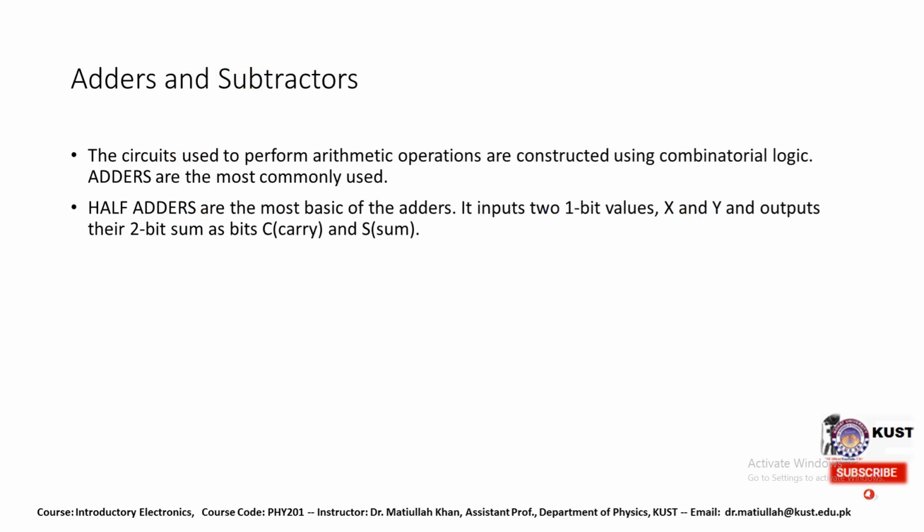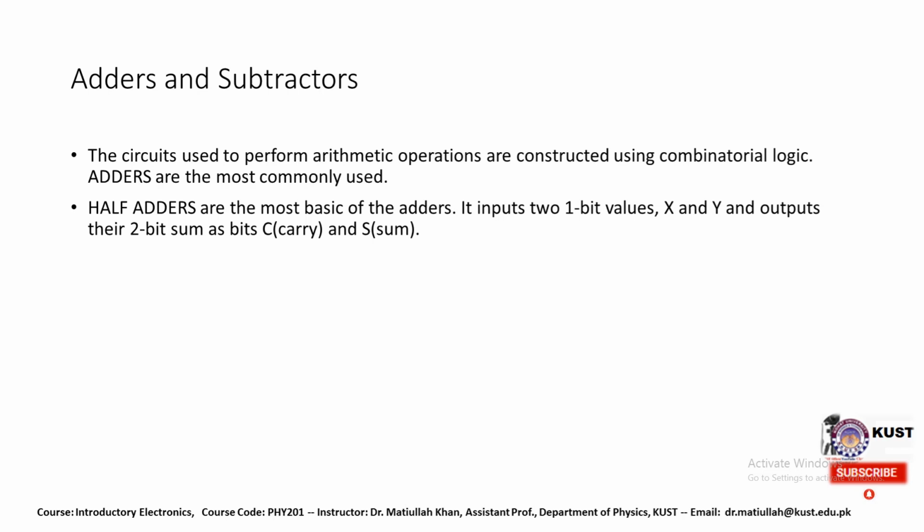Adder-subtractor is actually a circuit used to perform the arithmetic operation, that is called binary addition or subtraction. So we have both adders and subtractors that perform the arithmetic operation, and they are basically constructed using combinational logic. Adders are the most commonly used, to do the addition.